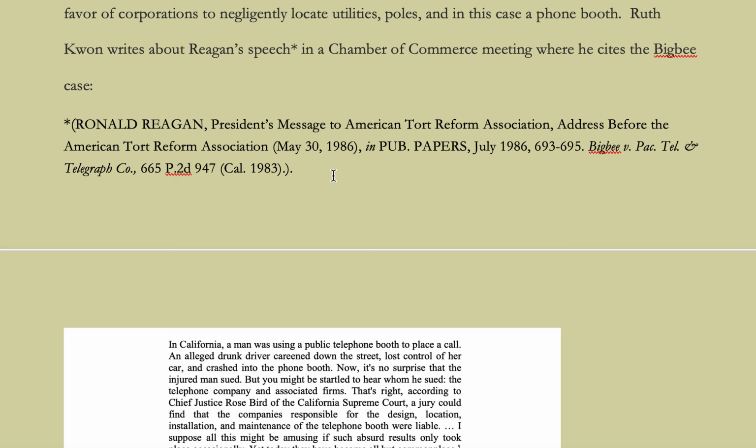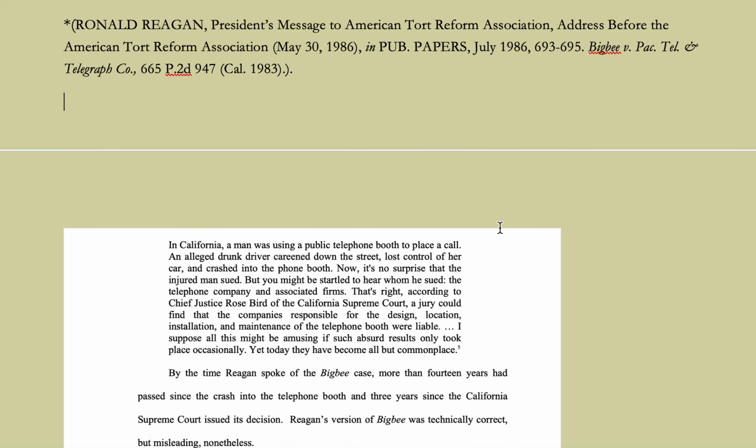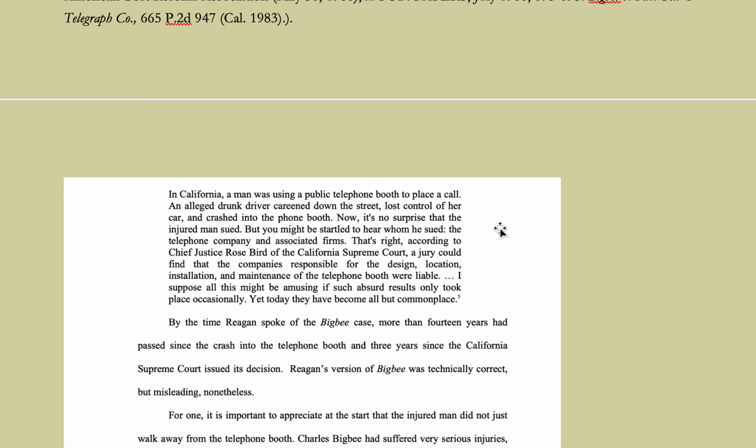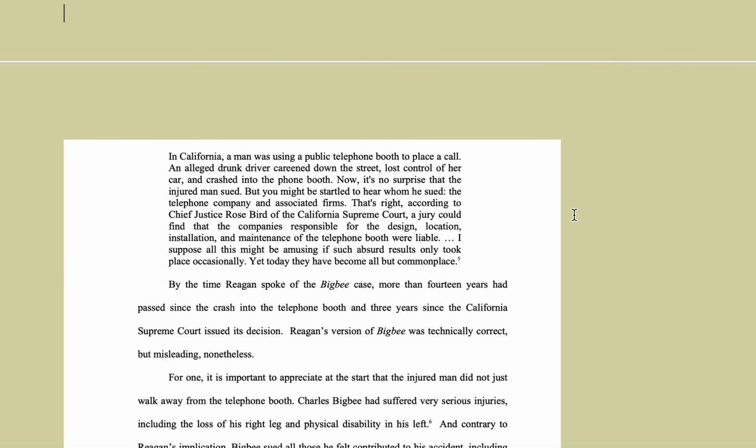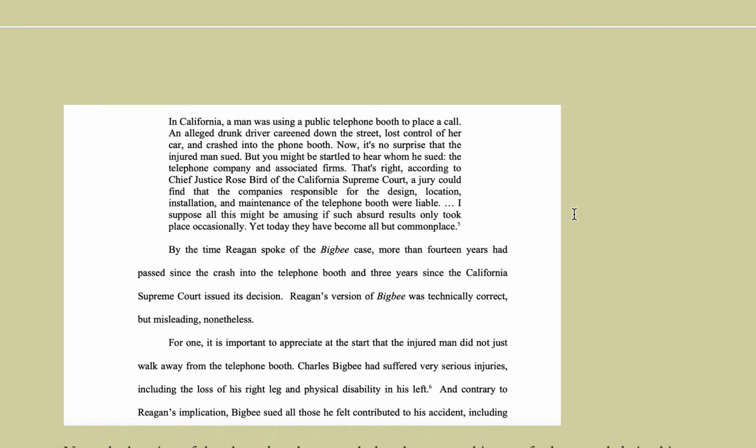But then when you hear the case and you understand why the courts ruled the way they did and hear the history, it might make more sense that maybe you ought to have a right to hold responsible somebody who was negligent, if a company is negligently placing something at a high risk in a comparative negligence state like California.